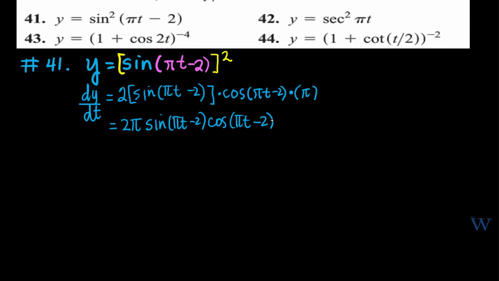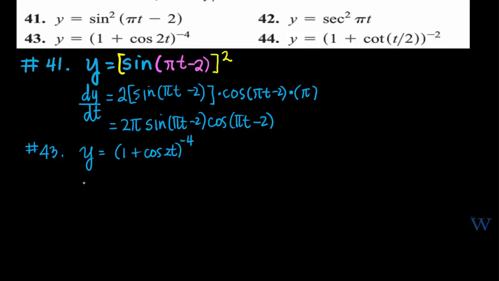Alright, so let's see. Suppose we want to do number 43. Let's try number 43. You've got y is 1 plus cosine of 2t, to the negative 4.